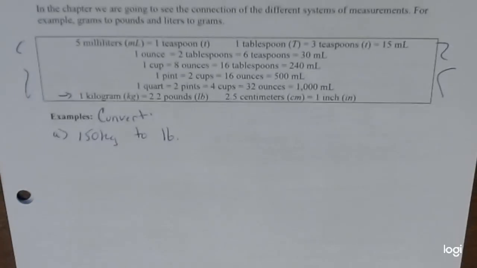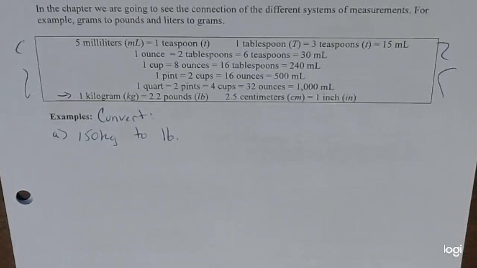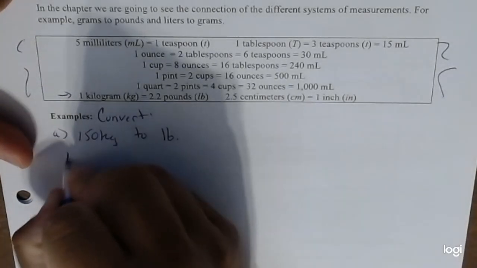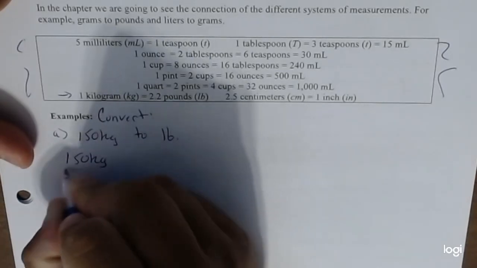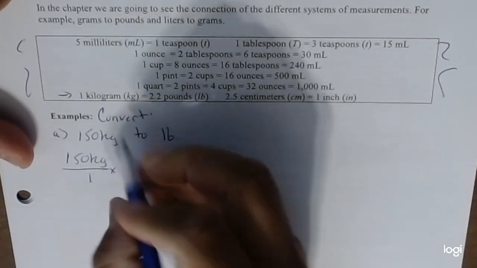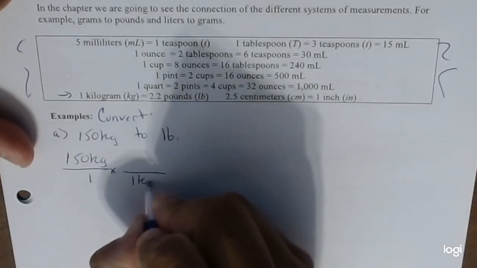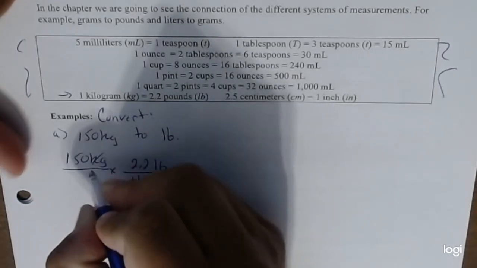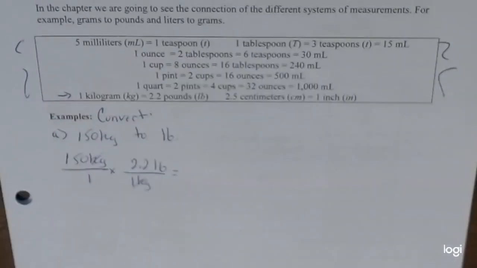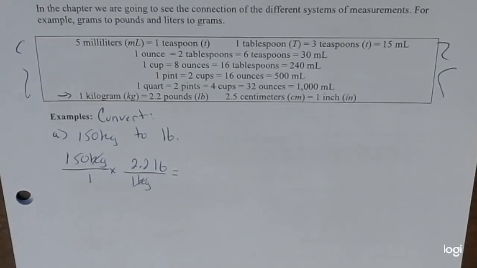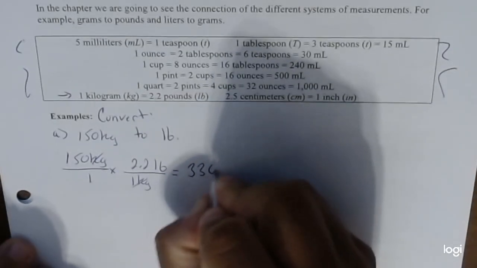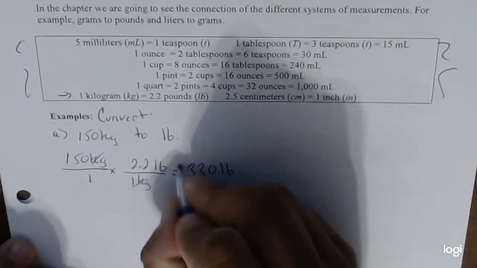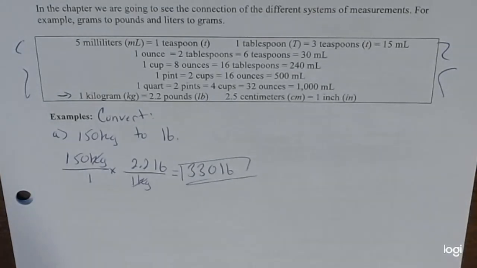Start with the given: 150 kilograms. We know for every 1 kilogram, there are 2.2 pounds. So this time we multiply, which gives us exactly 330 pounds.